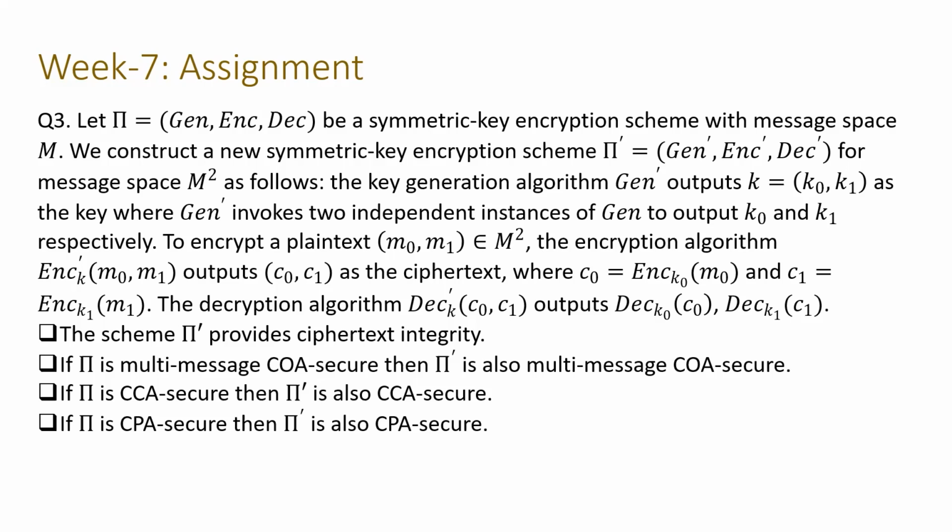Now, when it sees the ciphertext C0 star and C1 star, it remains to see just whether C1 star is the encryption of M1 or the encryption of M1 dash.